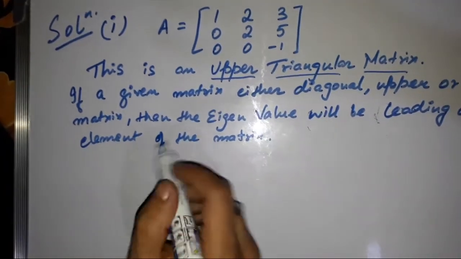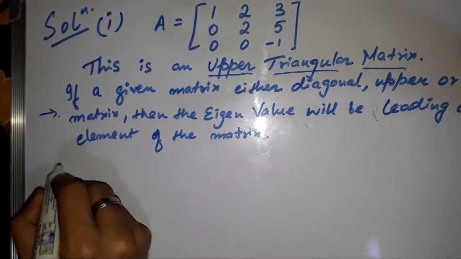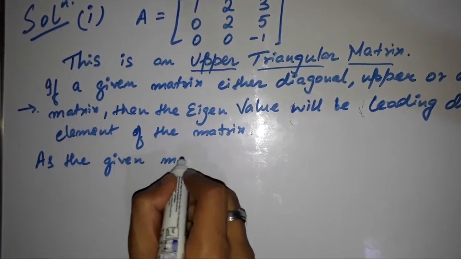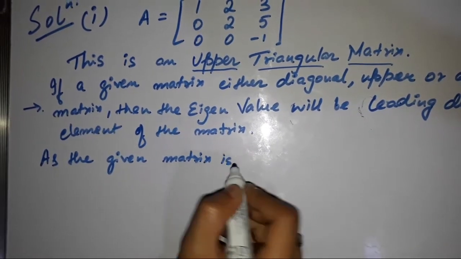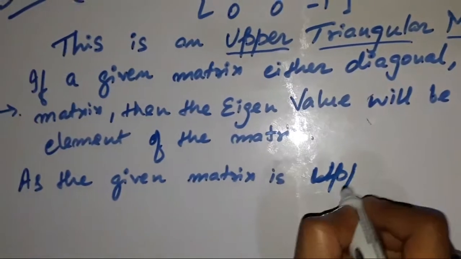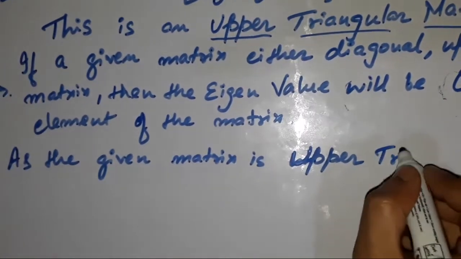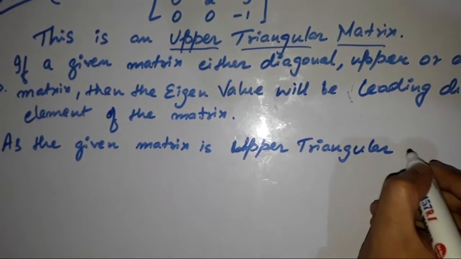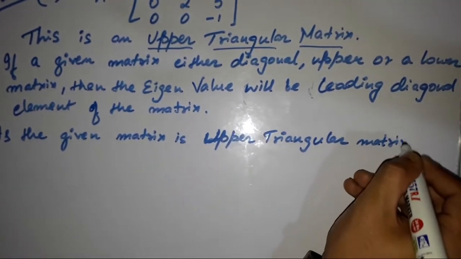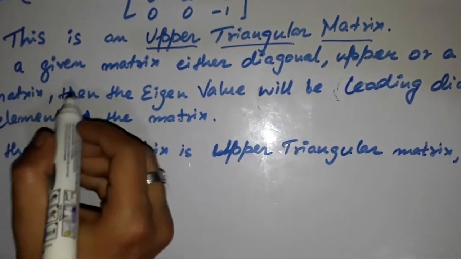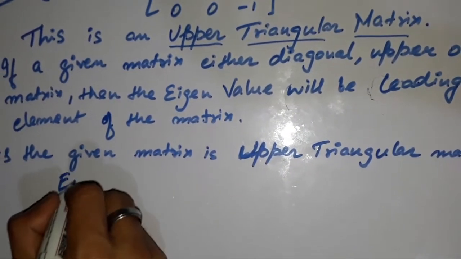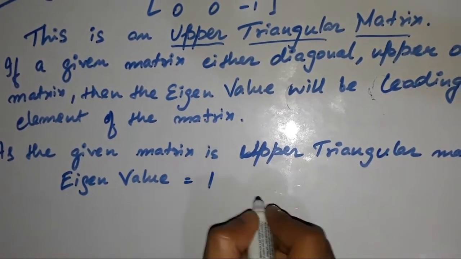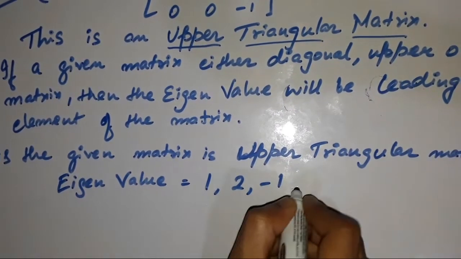So using this property, as the given matrix is an upper triangular matrix, we get the eigenvalues as 1, 2 and minus 1.